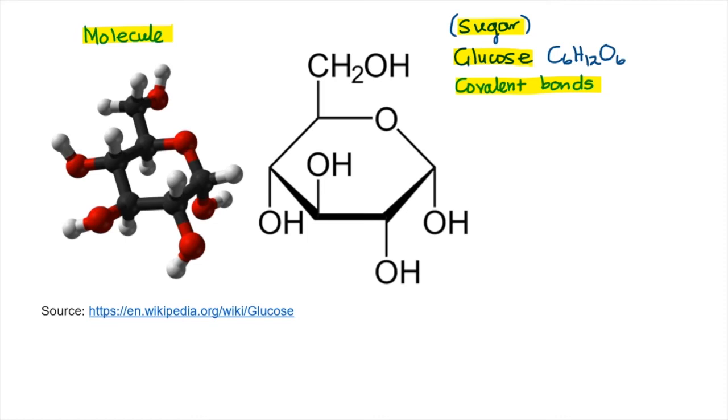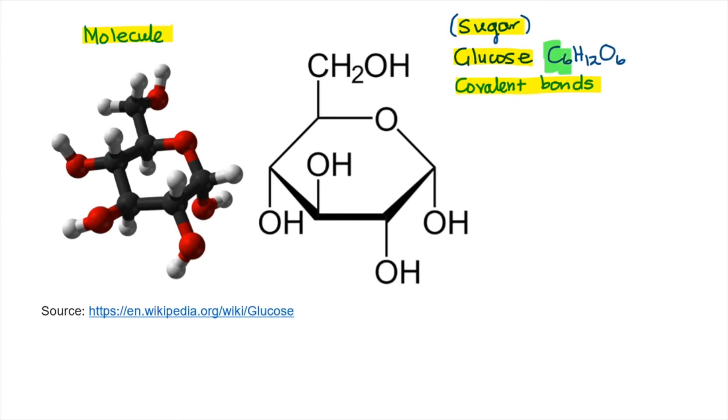But for now, I just wanted to point it out so that you start to get comfortable with the different words. If you look at the glucose molecule, you can see that it contains different types of elements, in other words, different types of atoms. Specifically, it has many carbon atoms in its structure, specifically 6 carbon atoms.